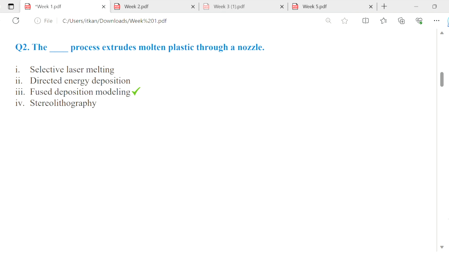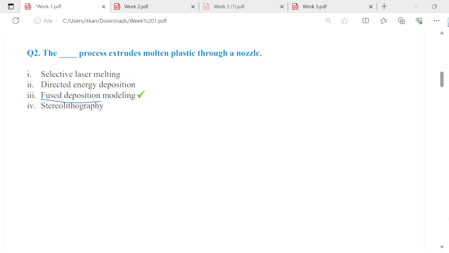The process which extrudes molten plastic through a nozzle, which is the process? So molten plastic comes out of the nozzle. The process is known as fused deposition modeling. So we know when it is plastic. In selective laser sintering, we have a powder.